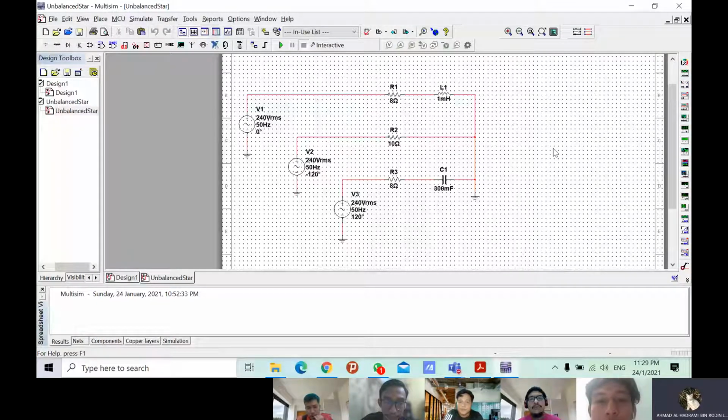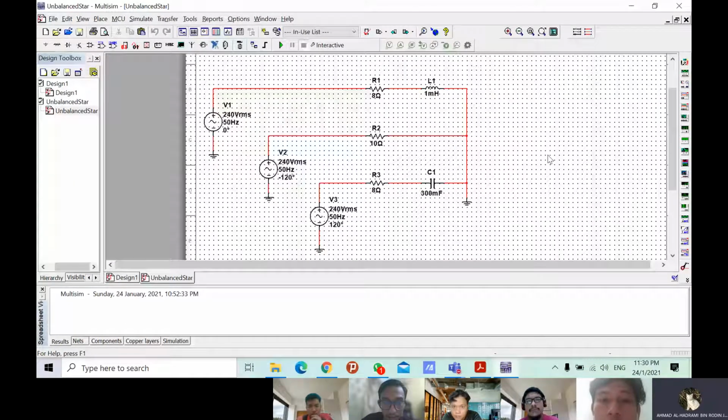For the third voltage supply, we use 240 VRMS, 50 Hz, but the degree will be 120. R1 and R3 have the same value, which is 8 ohm, while R2 is 10 ohm.